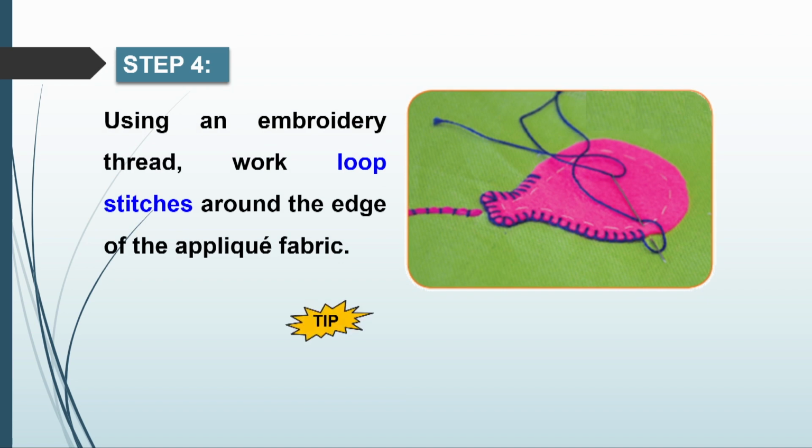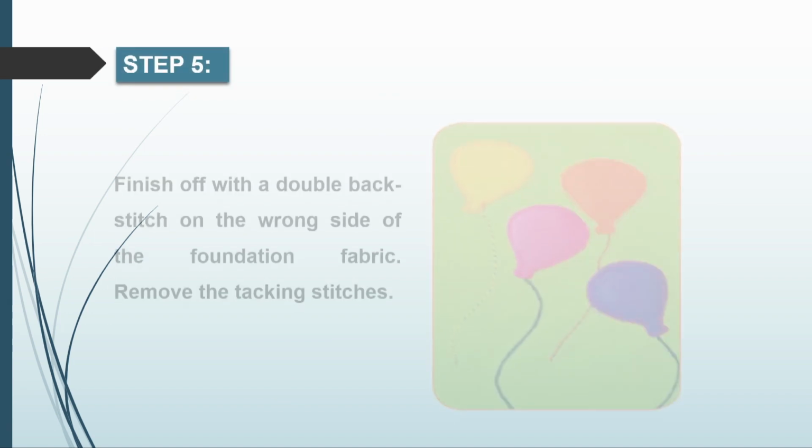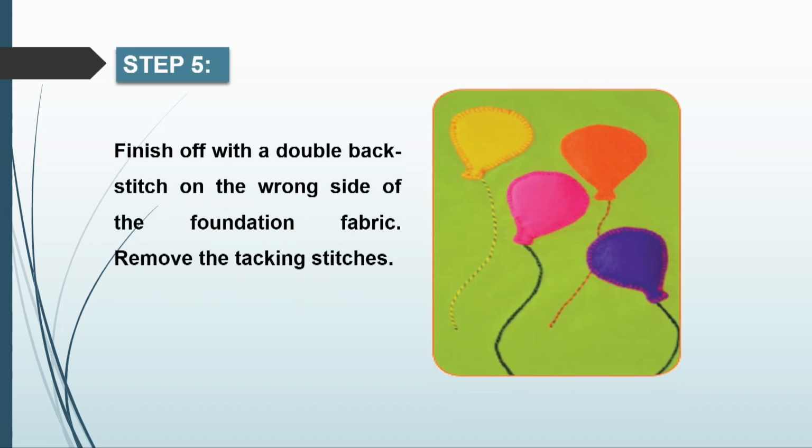Here is a tip for you. An applique can also be padded or stuffed using cotton wool or wadding to give a raised effect. Step 5. Finish off with a double backstitch on the wrong side of the foundation fabric. Remove the tacking stitches.